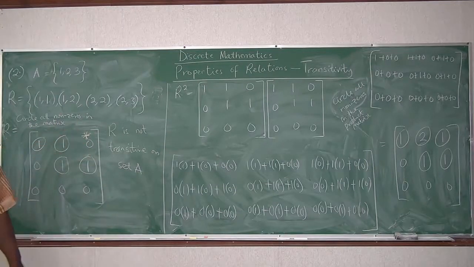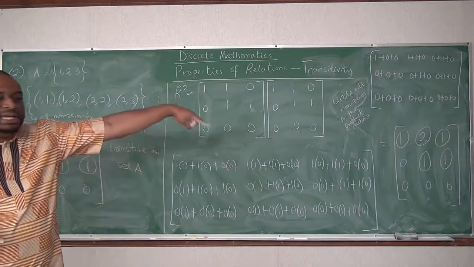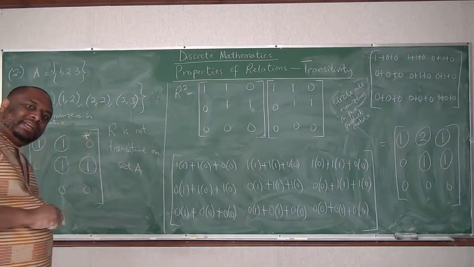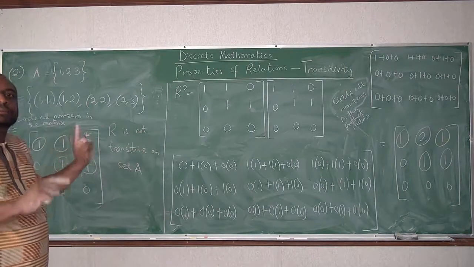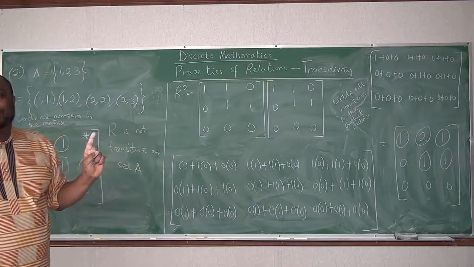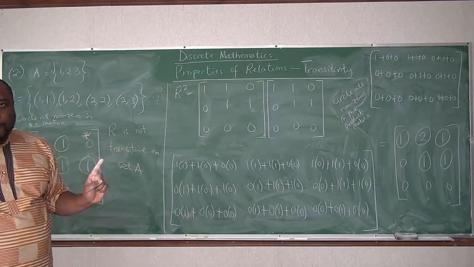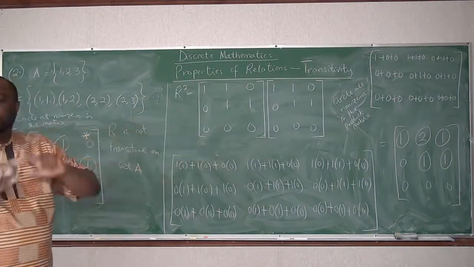But if you have even one case of non-zero in the product matrix that is a 0 in the actual matrix, then the relation is not transitive on set A. If you don't have any such case, like the first one we did, no problem.